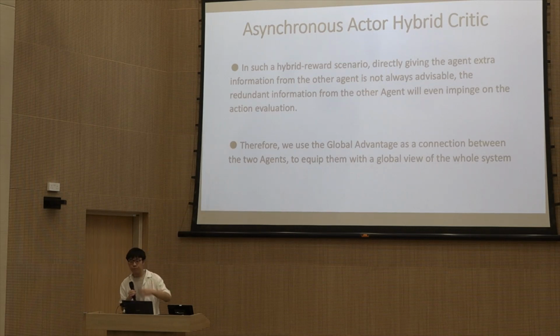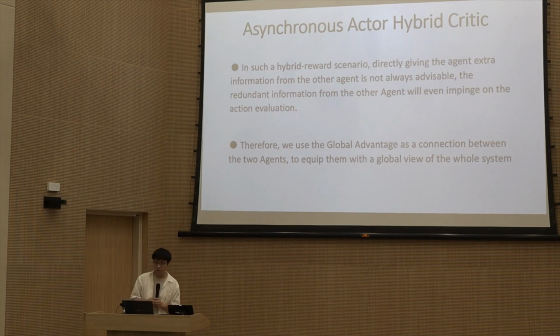For example, if we take the energy consumption in the downlink transmission stage as an important metric, and we set a reward on the energy consumption, the energy consumption has nothing to do with agent 1. So if we still give the energy consumption as information to agent 1, it's not advisable, because agent 1 will say that my reward is always changing, but I can do nothing about it, and I don't know why it is changing.